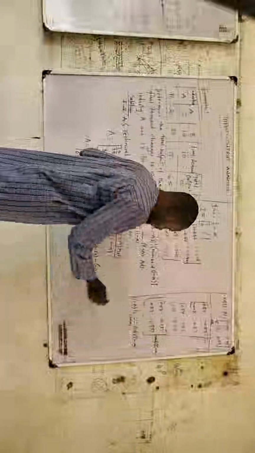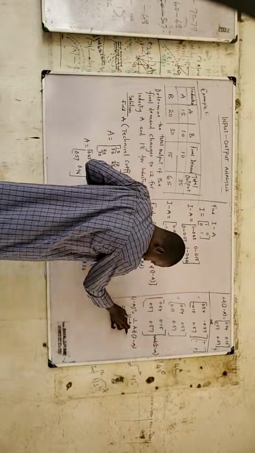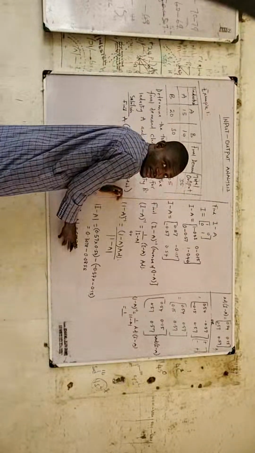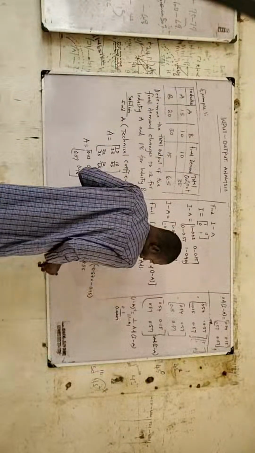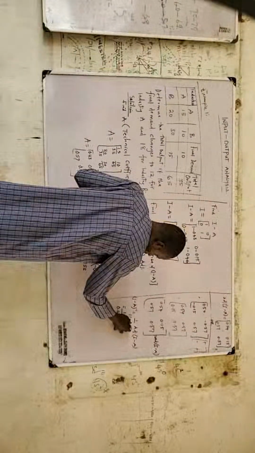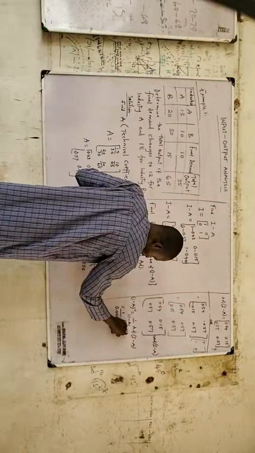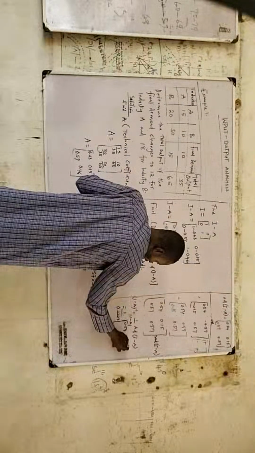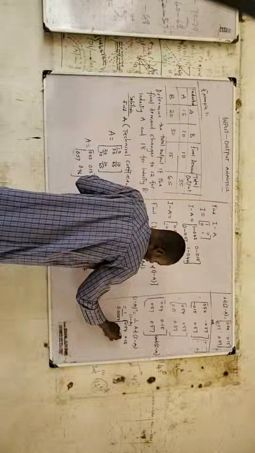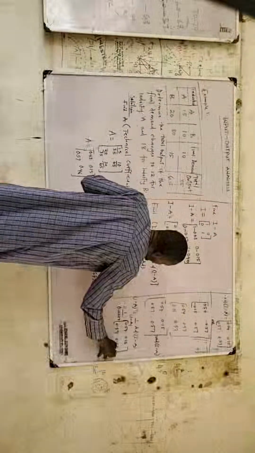So now we have 1 here over the determinant. This is the determinant, 0.2223. The adjoint is this: 0.54, 0.15, 0.57, 0.57.